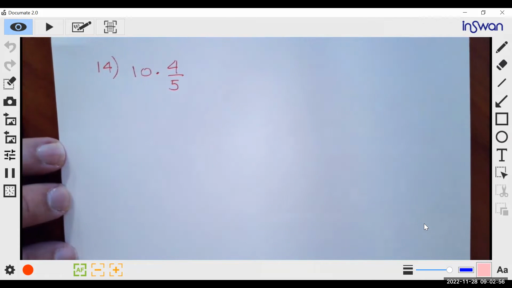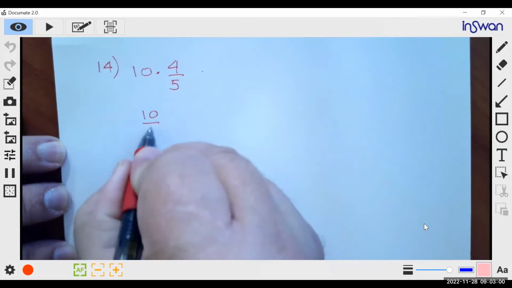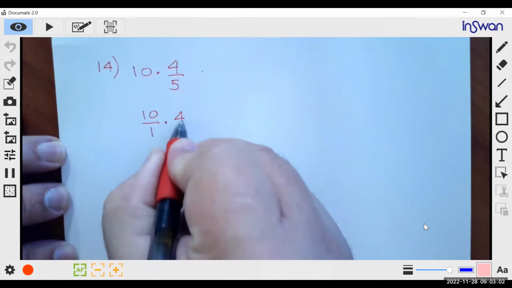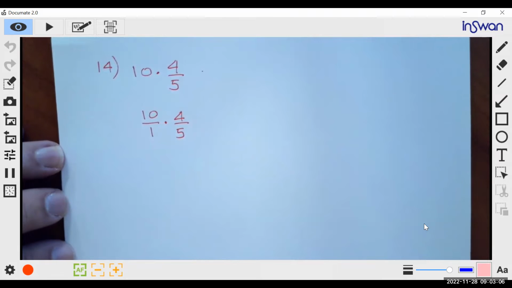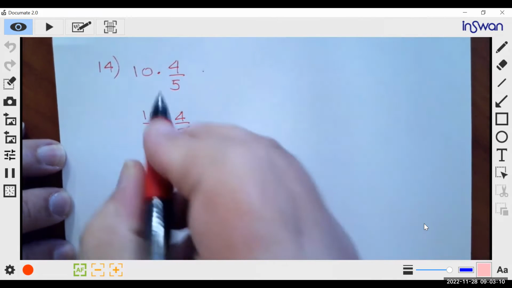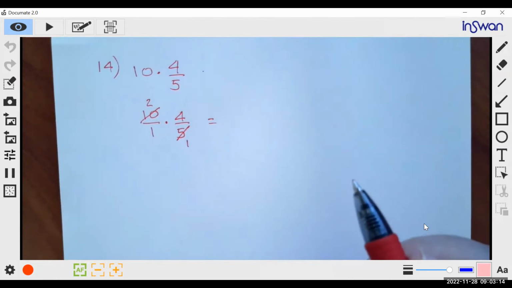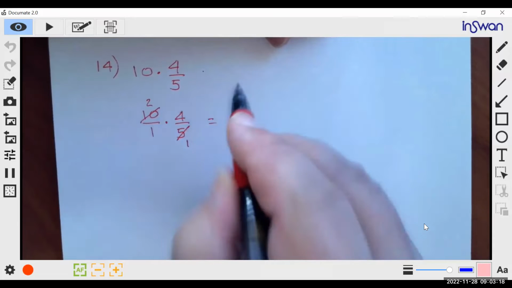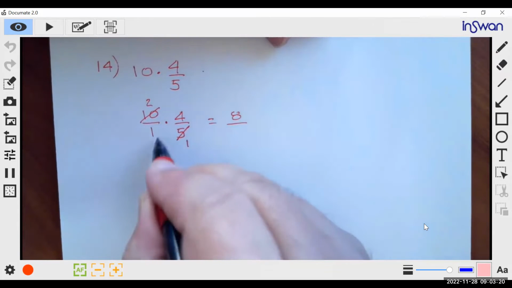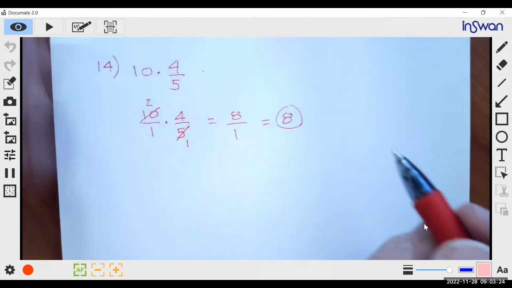Yeah, because this is the same as 10 over 1 times 4 over 5. Can anything cancel top and bottom? 5 goes into 5 once and into 10 twice. Nothing else cancels. 2 times 4 is 8. 1 times 1 is 1. 8 divided by 1 is 8. So there's your answer.